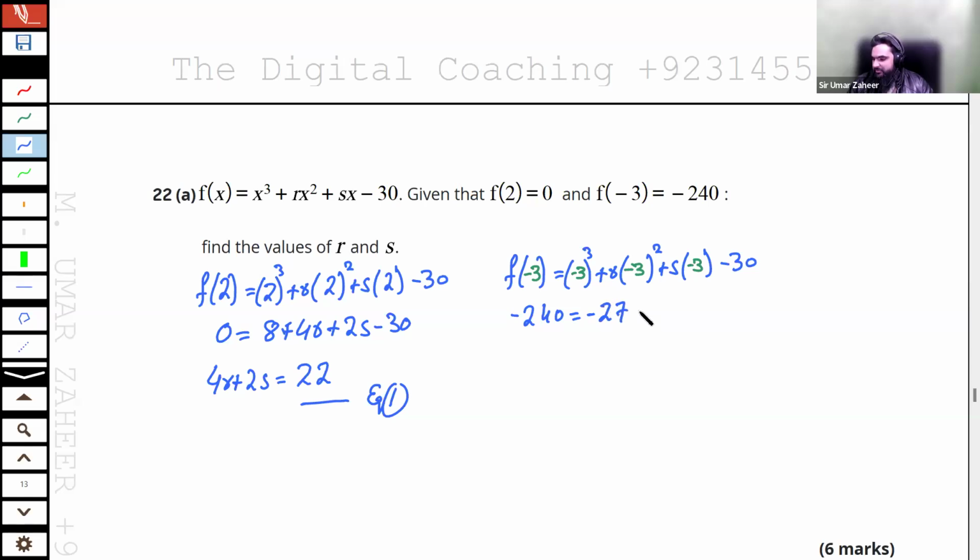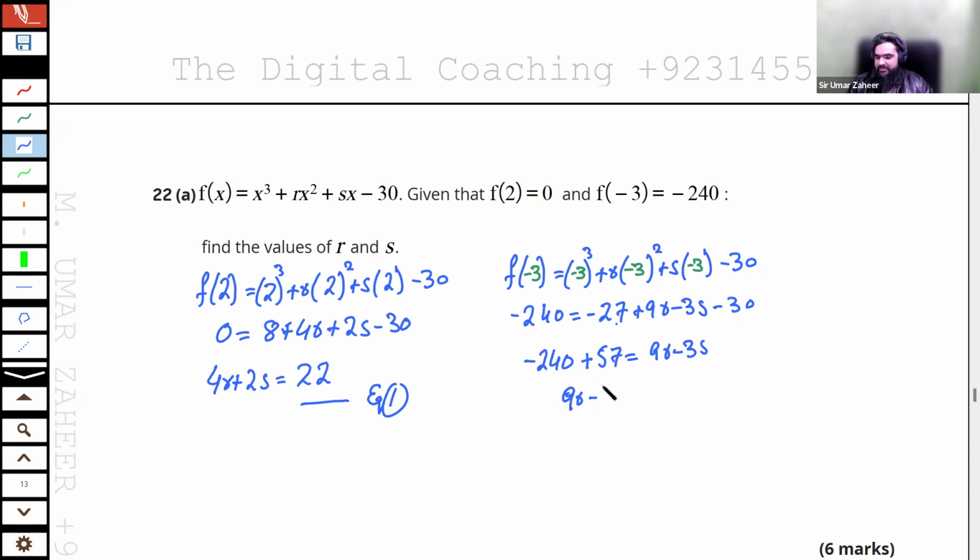Minus 27 plus 9r minus 3s minus 30. Minus 27 minus 30, it will be minus 57. So on the other side will be plus 57. 9r minus 3s.